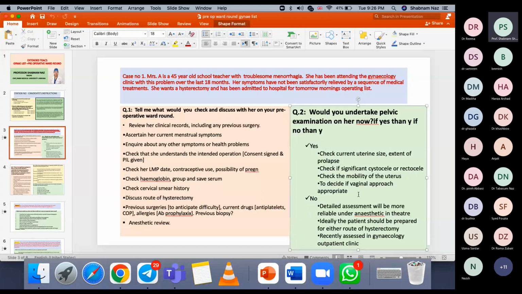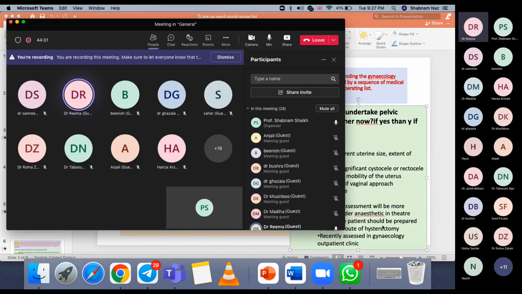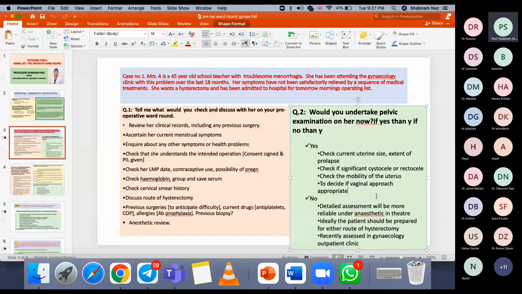Okay, suppose I'm saying कि नहीं करना चाहिए, तो क्यों नहीं करना चाहिए? आप बोल रहे हो the reason could be because before the surgery we will perform it under anesthesia through bimanual and through the abdominal. That's why we can sometimes miss. Okay, so the answer is that yes, मैं करूँगी.